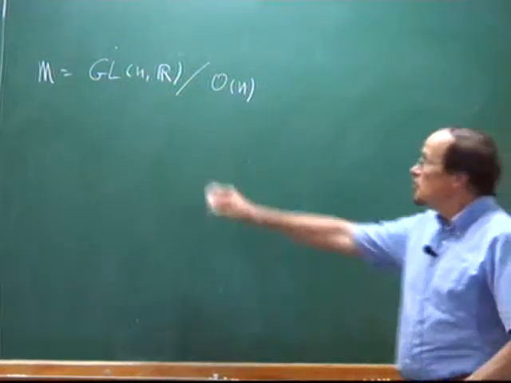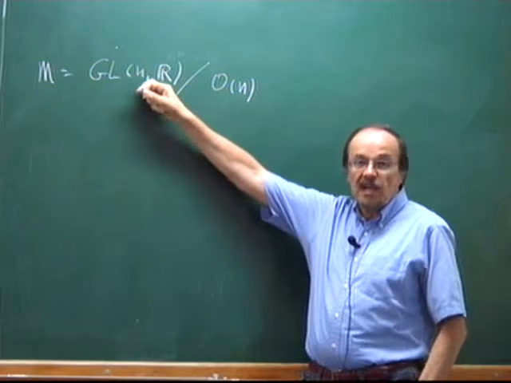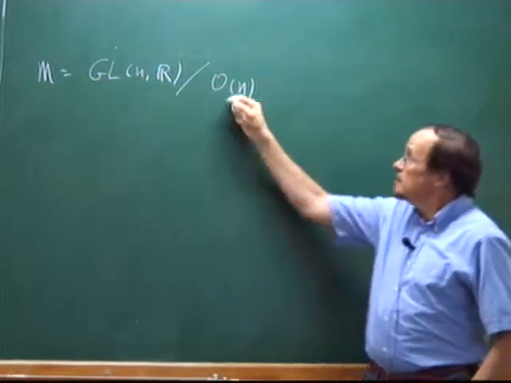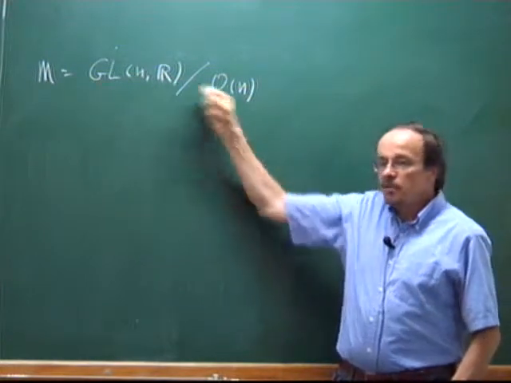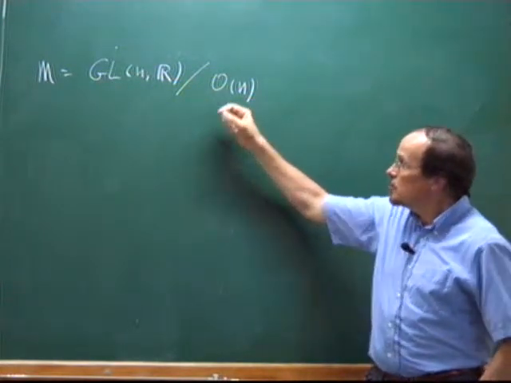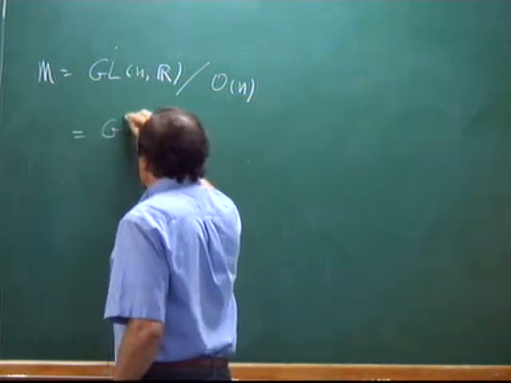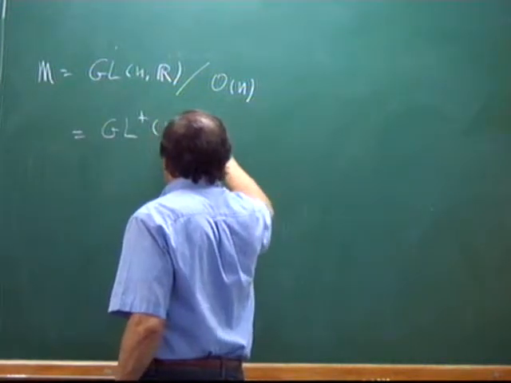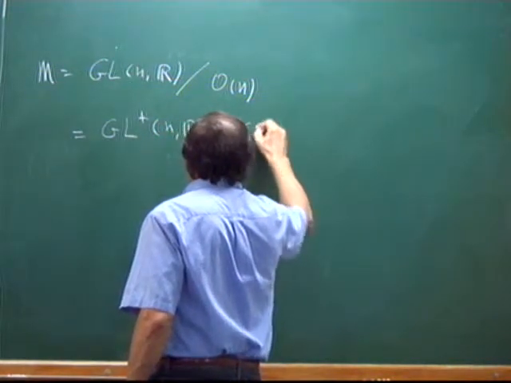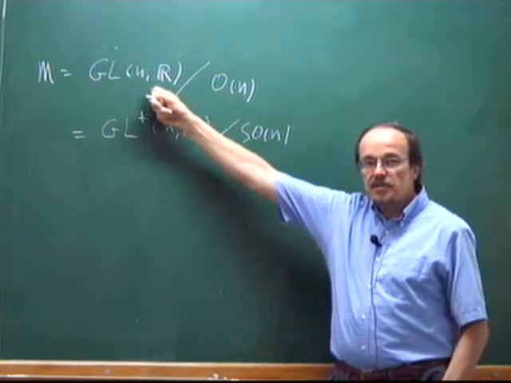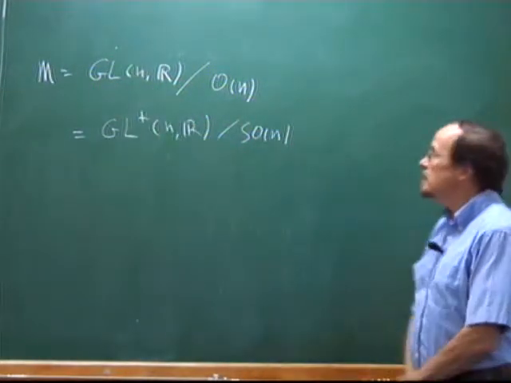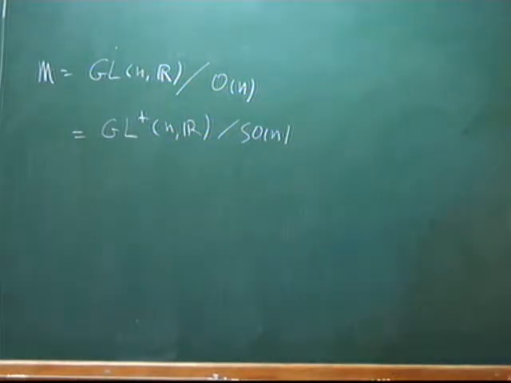Right. So GL_n(R) has two components, plus 1 and minus 1, the positive and the negative determinant. O_n also has two components, plus 1 and minus 1. So each component cancels each other. In other words, I can write it as GL_n^+(R) divided by SO_n. So in each coset, there's one element that lies in GL_n^+(R). So it's connected as a space, the set of these inner products.